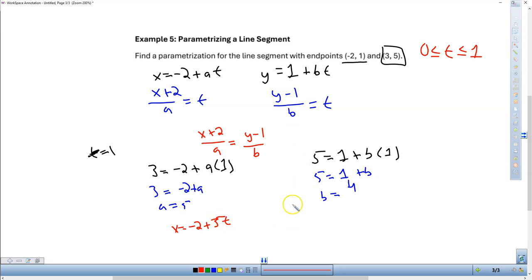And our second line is y equals 1 plus 4t, because that's what we got here. And for both of these equations, this is going to happen for 0 is less than or equal to t, which is less than or equal to 1. And so that gives us our parameterization of the line segment with our initial point -2, 1 and our terminal point 3, 5.